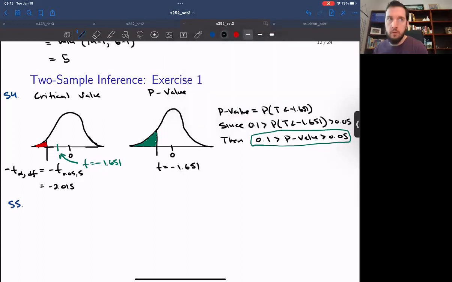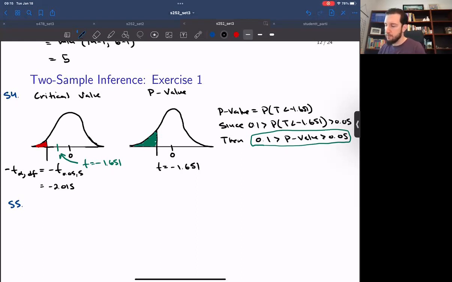All right, assuming there's no questions, and if there are, I'll still answer them, we can now make our decision. So following from before, the way that we make a decision does not change.